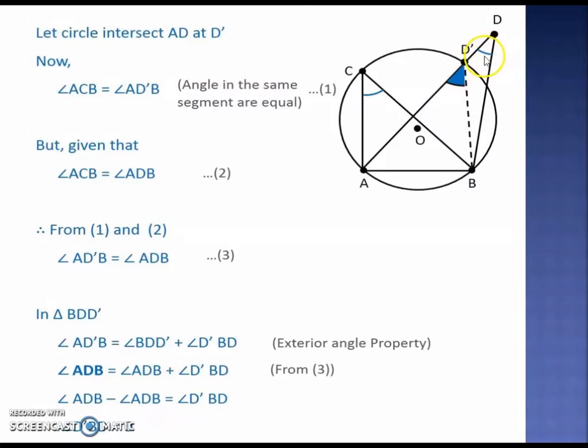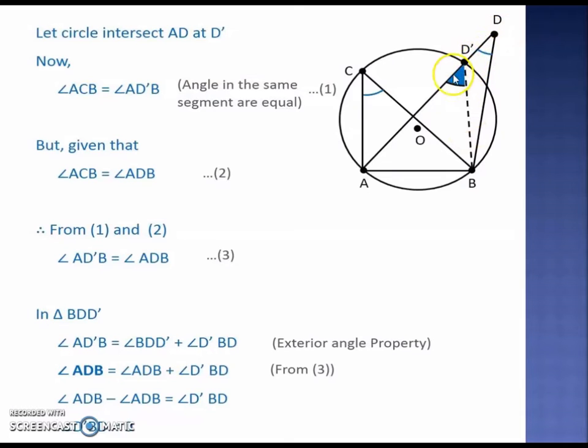Now, if these two angles are equal, if you consider BD dash D as one triangle, and apply the exterior angle property here, then these two are the interior opposite angles. Sum of these two will give you this. But these two are equal, which means that D dash BD should be 0 degree, which is possible only if BD coincides with BD dash.